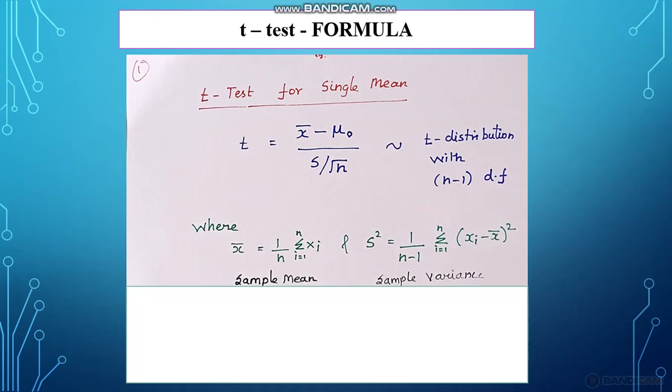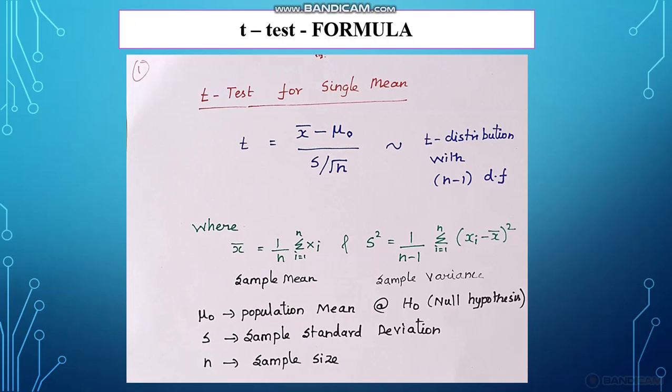In this formula, x bar is the sample mean, the summation of xi by n, and s square is the sample variance, 1 by n minus 1 times the summation of xi minus x bar the whole square. And mu 0 is the population mean under the null hypothesis, s is the sample standard deviation, and n is the sample size.